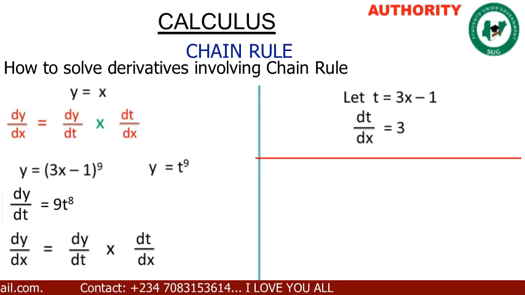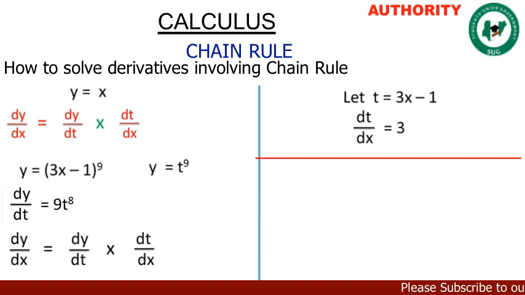As we just did, we differentiated two terms. The first one, t with respect to x, equals 3. Secondly, we differentiated y with respect to t, which gave 9t raised to power 8. So our main differentiation of y with respect to x gives dy/dt times dt/dx.